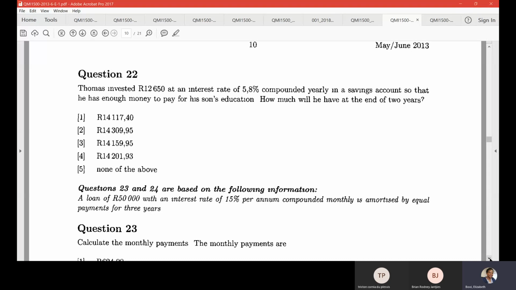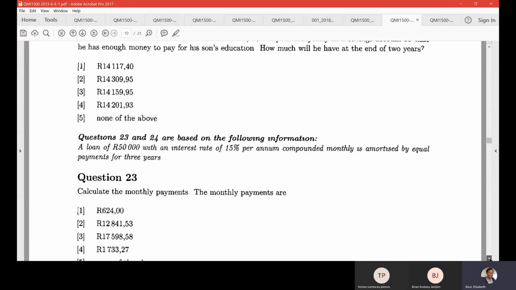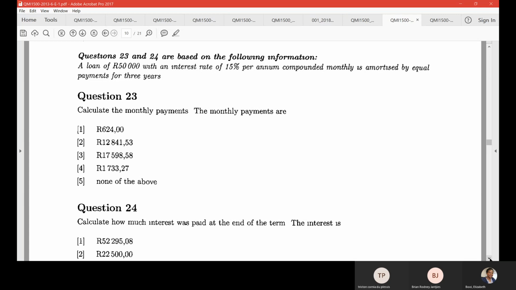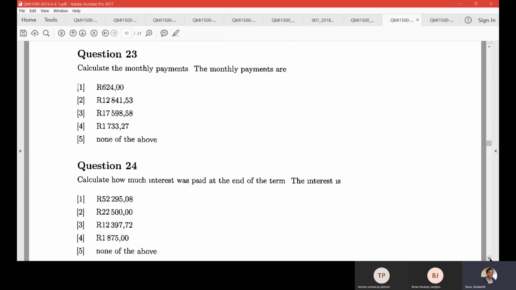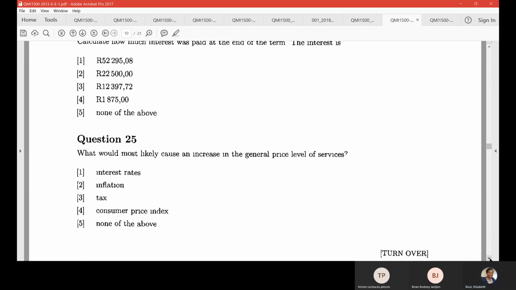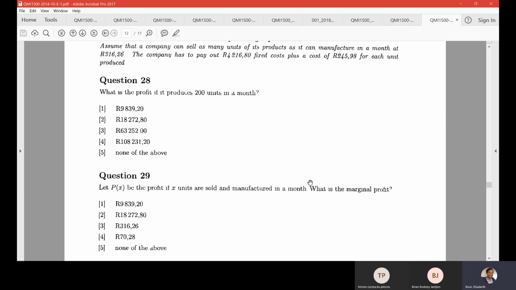Okay, how much will be at the end of 2 years? That's compounding interest. And also this is amortization again. Okay, I think that's it for financial maths. And those are the topics we looked at.